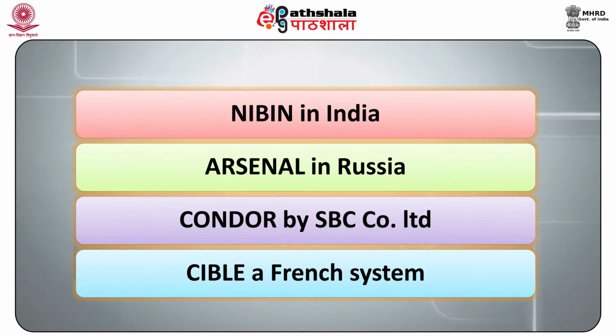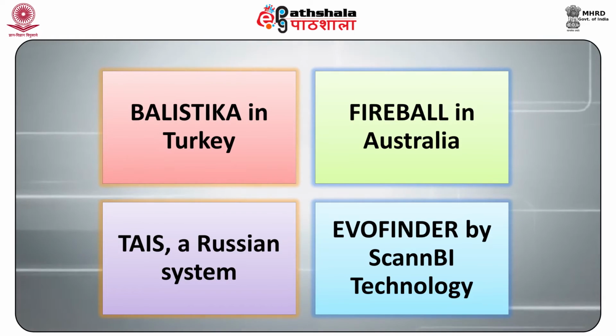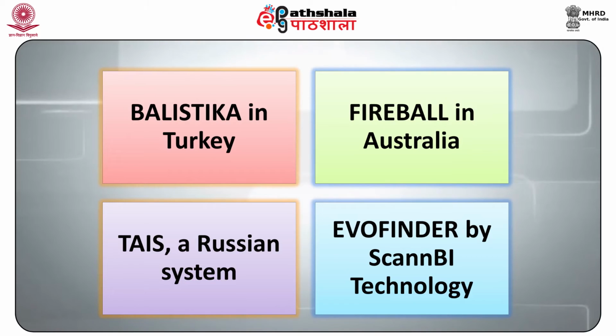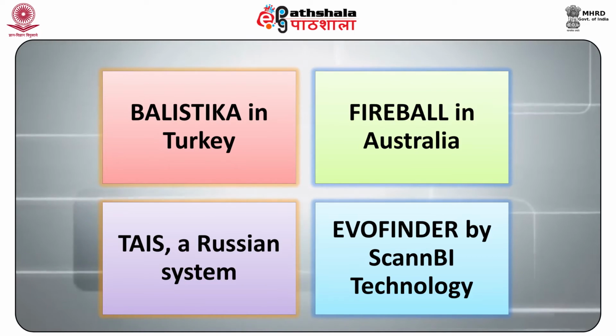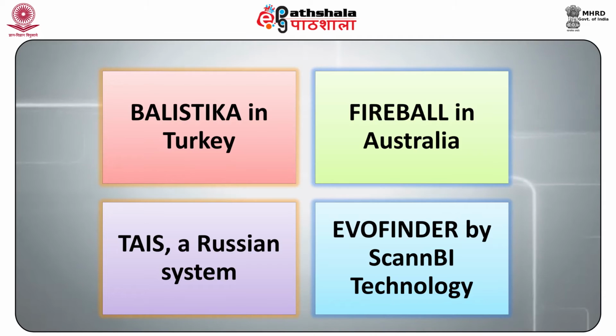There is, in fact, a long list of ballistics identification systems available in the market, and some of them are NIBIN in India, Arsenal in Russia, Condor by SBC Co Limited, Sibyl, a French system, Ballistica in Turkey, Fireball in Australia, Tyres, a Russian system, and the last one is EvoFinder by ScanBI Technology.